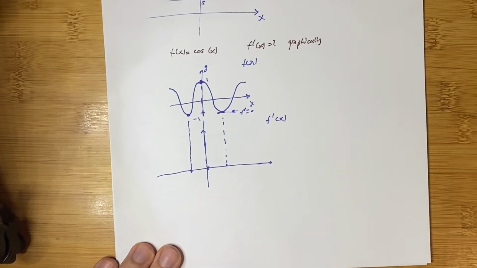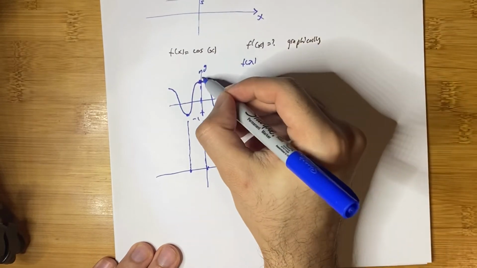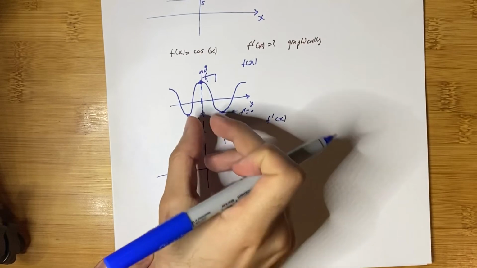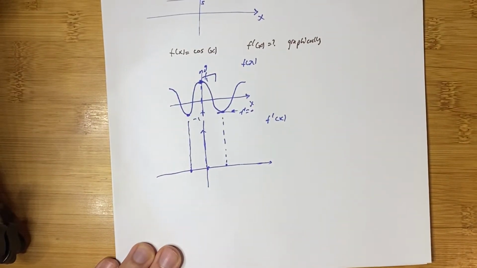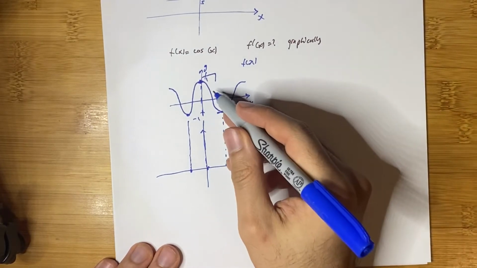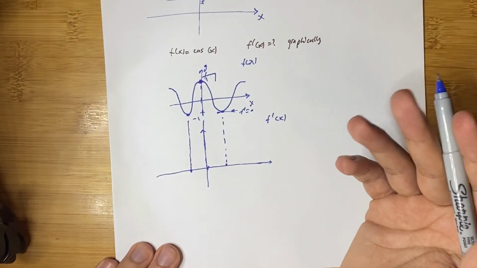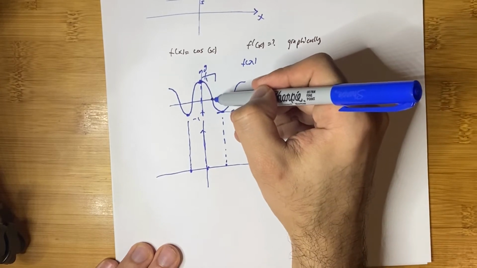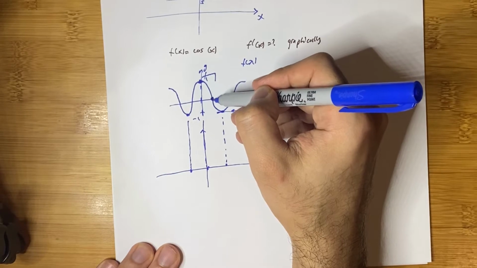Now let's take segments. Let's notice this segment here, from here to here. This is f of x again, but this is decreasing, okay? What does that tell us? It tells us that f prime of x will be negative. But we can also notice here, at this point exactly, it's going to be the steepest negative slope.